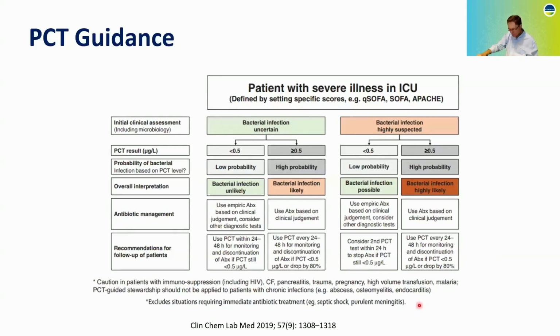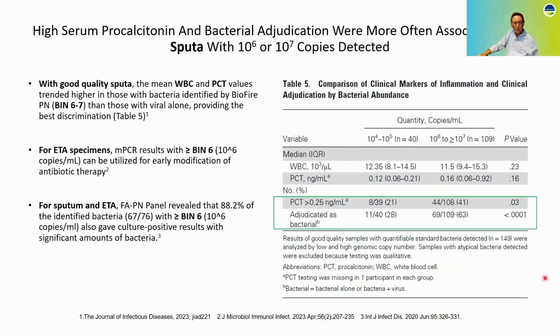So if they've got septic shock, procalcitonin probably is not going to influence whether or not you start antibiotics. The other thing about procalcitonin level, which I'll show you on this slide, is that it really correlates very well. If you have a high procalcitonin level, you're much more likely to have a much higher quantitative count here in terms of the bins.